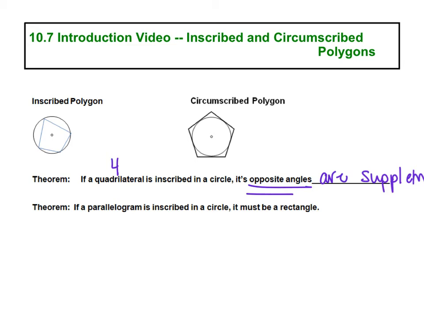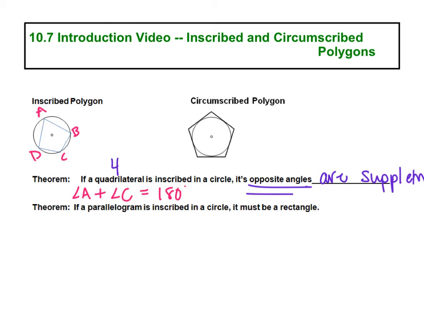So for example, in this inscribed polygon, we have angle A, B, C, and D. So according to this theorem, we're saying that angle A plus angle C is going to be equal to 180 degrees. And this is only true if it's an inscribed polygon, so if it's on the inside of a circle.